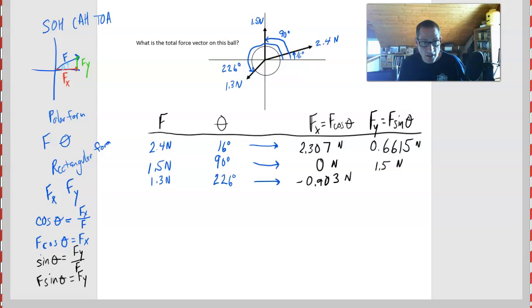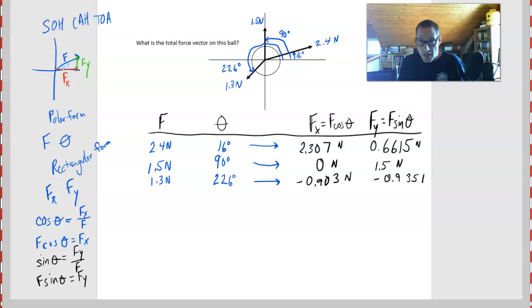And I wish I was better at the penmanship part of this. And then we have the sine of 226 times 1.3, and we have a negative 0.935. I'll put the 1 there too.